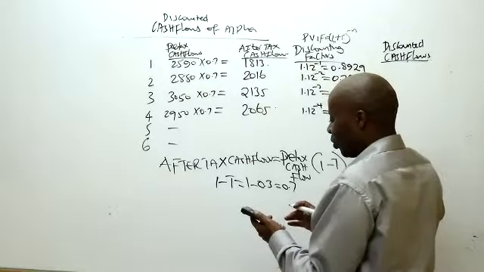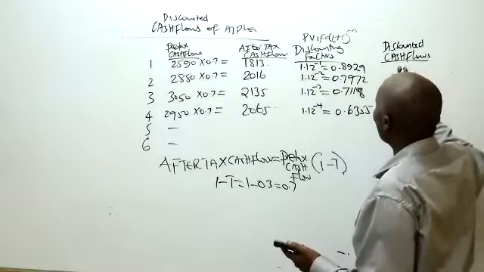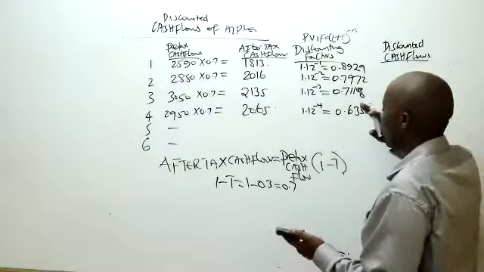1813 times 0.8929 equals, we can decide to work with 2 decimal places, no problem. PVs, of course, must be 4 decimal places, but for discounted cash flows, 2 is sufficient.